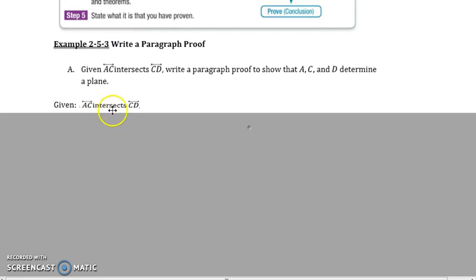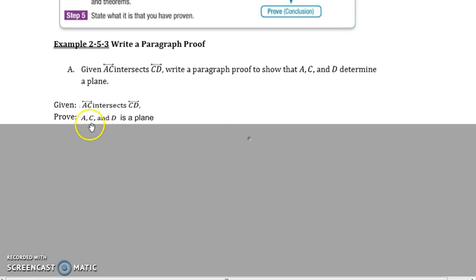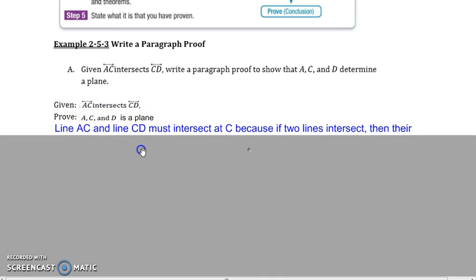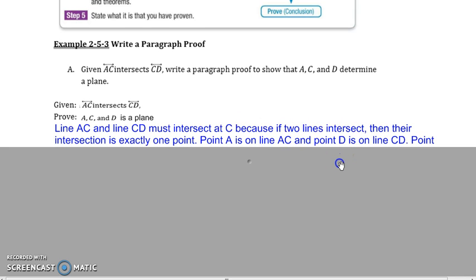We're given that AC and CD intersect, and then we're trying to prove that A, C, and D determine a plane. So let's start out by talking about how AC and CD are going to intersect at that common letter C, because two lines intersect, then their intersection is exactly one point. So we want to talk about that first.